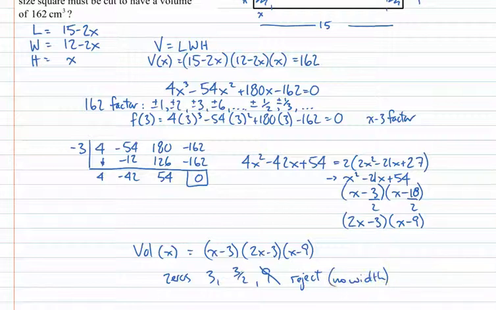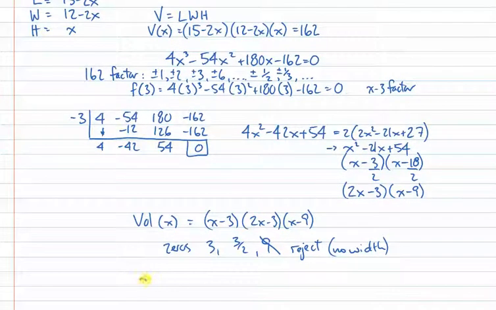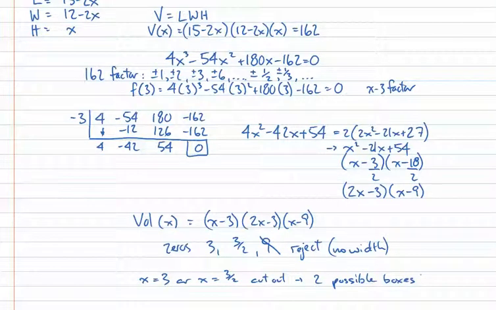But both 3 and 3 halves are permitted, so what this means is that x equals 3 or x equals 3 halves cutouts produce 2 possible boxes that meet the volume requirements. So there's one problem solved.